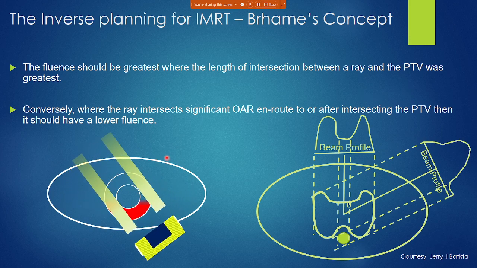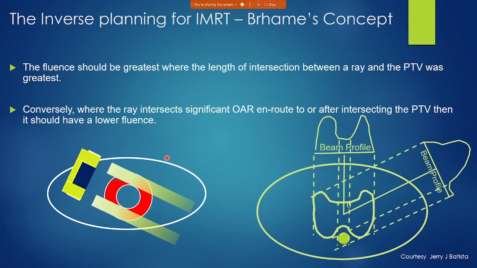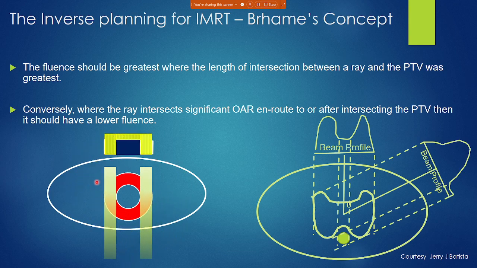As you can see here, you have dose around a particular tumor, around a particular critical organ. Suppose this is the critical organ and this is the tumor, you should be able to do this. This we can do nowadays with any of the linacs that are available.